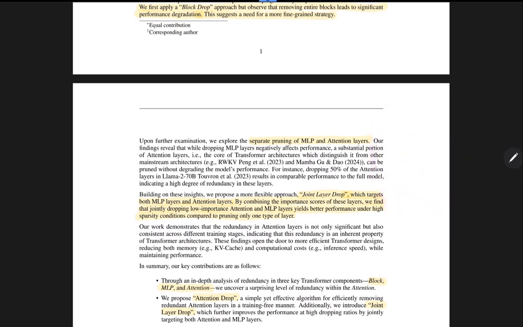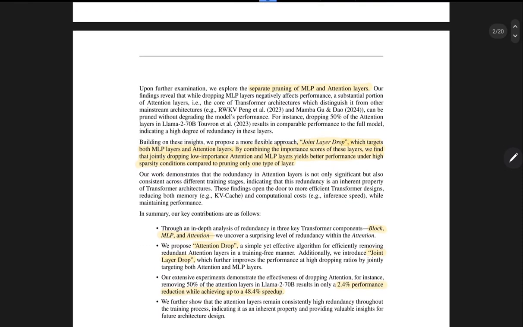Their findings reveal that dropping MLP layers negatively affects performance, while a substantial proportion of attention layers, the core of the transformer architecture, can be dropped. For instance, dropping 50% of attention layers in Llama 2 70B results in performance comparable to the full model, indicating a high degree of redundancy in these layers.